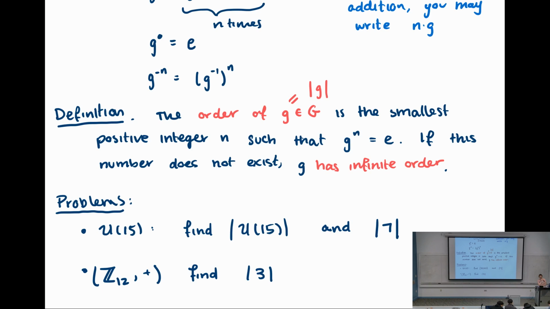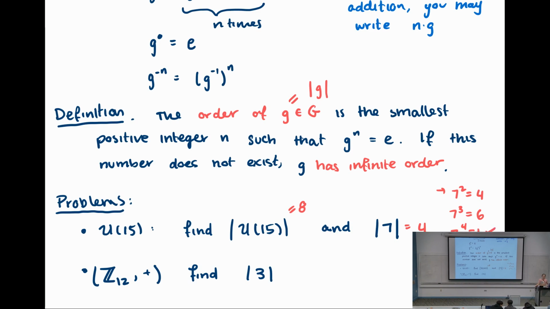So I got 8 for this, and for the order of 7, 4, because you can just calculate 7 squared mod 15, which is going to be 4, and then 7 cubed I got to be 6, and then 7 to the 4th is 1, which is the identity.